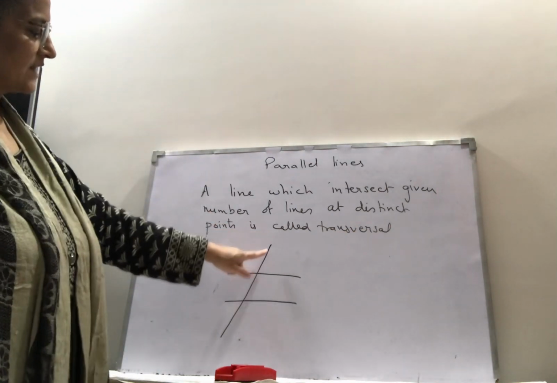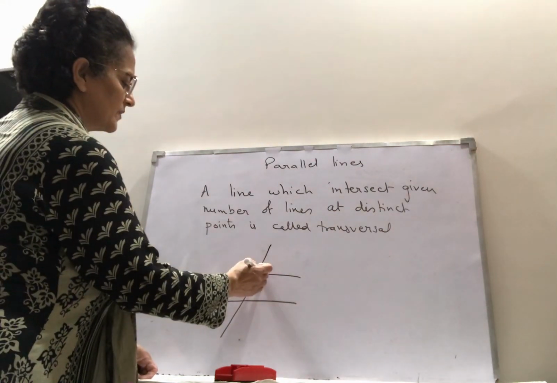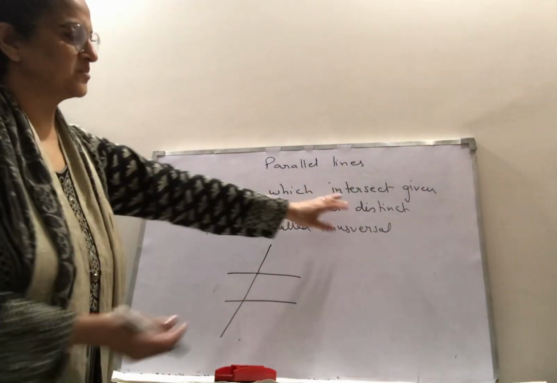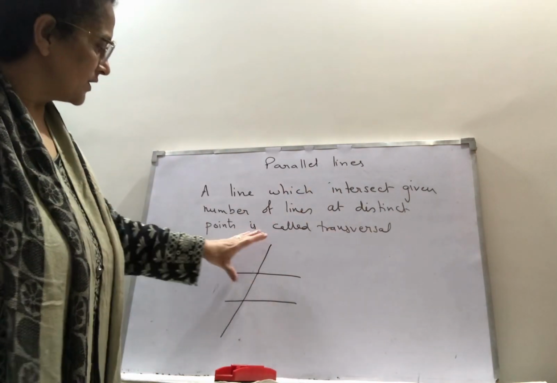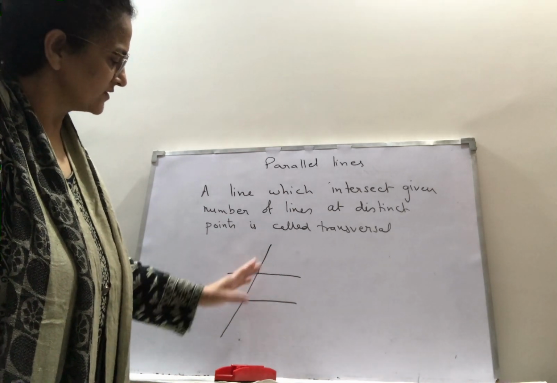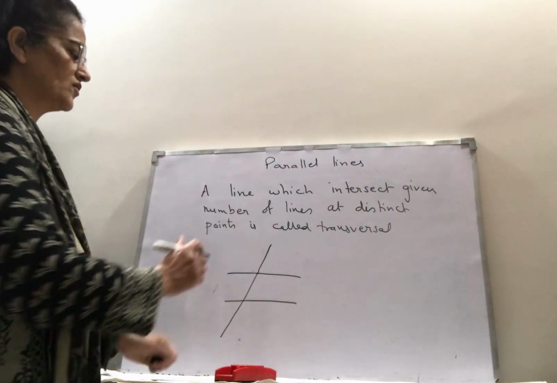So this line, it is intersecting this line at this point and this line at this point. So distinct means different points. So if this line is intersecting other lines at different points, this one is called transversal.